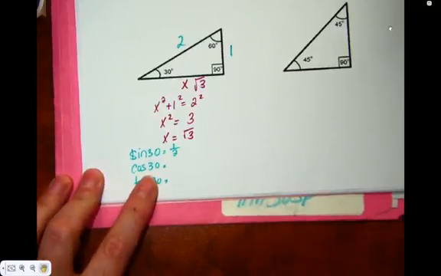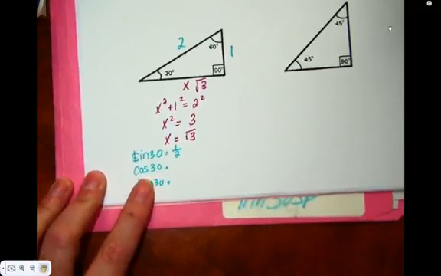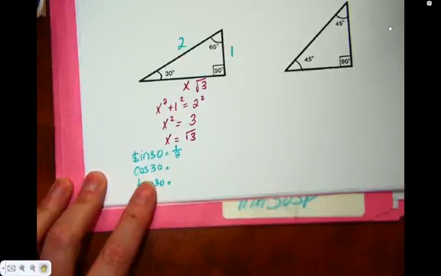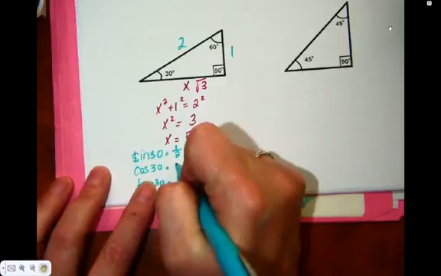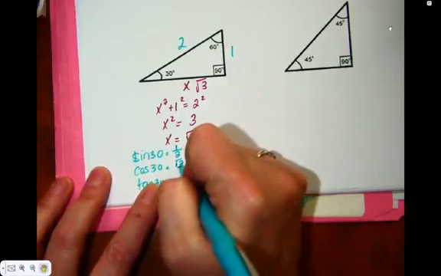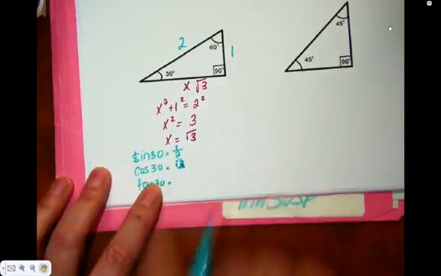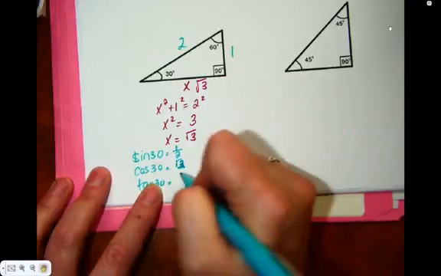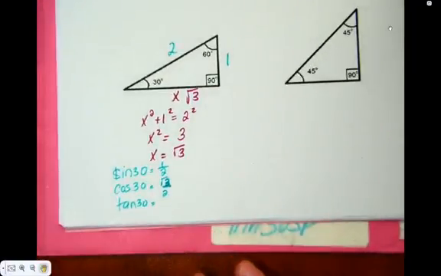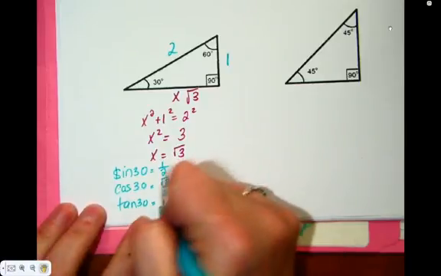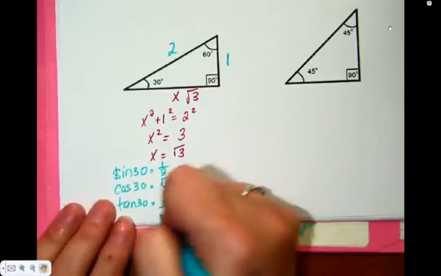Okay, SOHCAHTOA, cos is adjacent over hypotenuse. What's the adjacent side to the 30? Root 3. And the hypotenuse is 2. Tan is what over what? Opposite over adjacent. The opposite is 1, the adjacent is root 3.